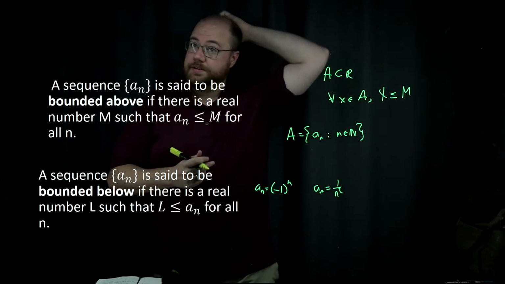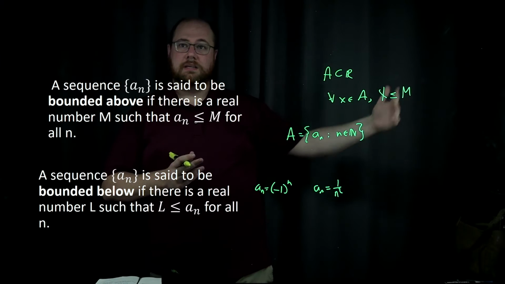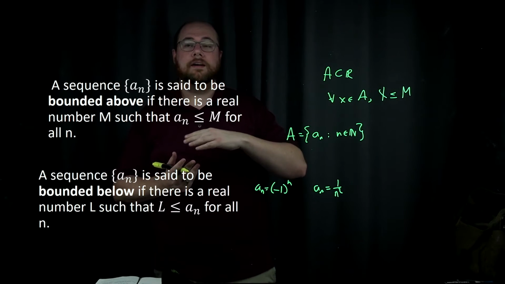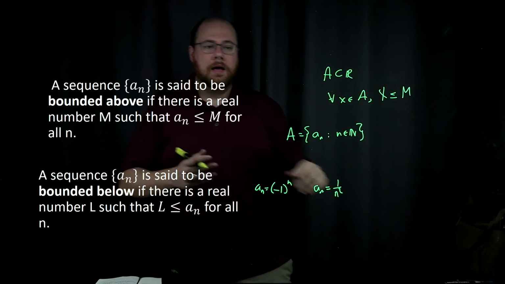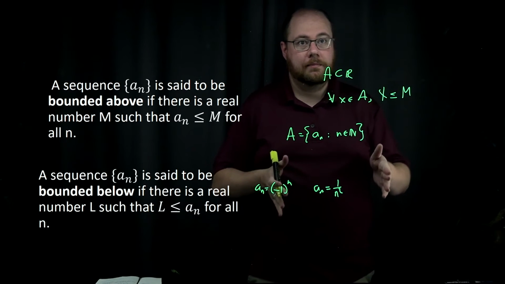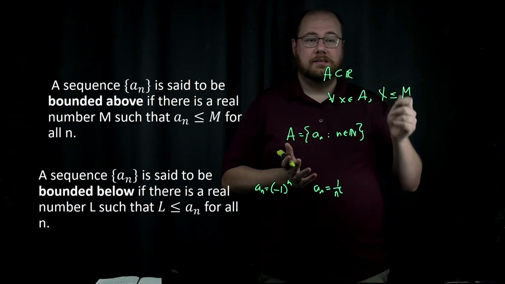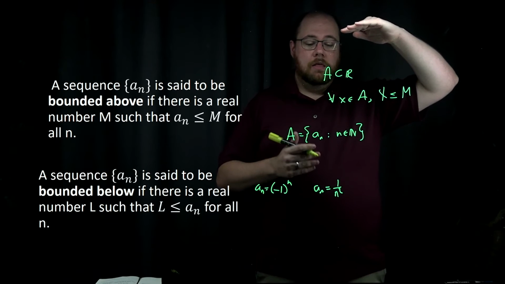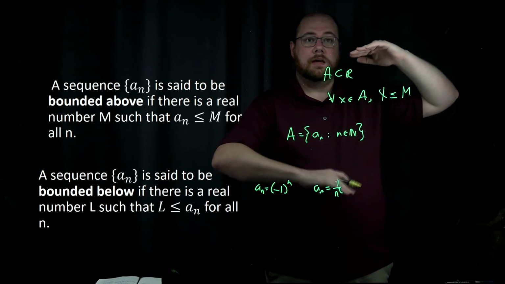So these are reciprocals of squares: 1, 1/4, 1/9, 1/16, etc. This is a sequence that is also bounded, but we can say that it's bounded above by 1 and bounded below by 0. All right, so in this particular example, our bound M has to be 1, because otherwise anything smaller than that will skip a sub 1. But 1 is just the upper bound. There's a lower bound that's closer to the rest of the elements here, and that would be 0.